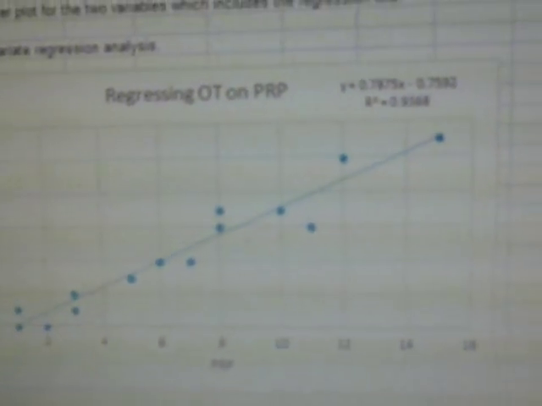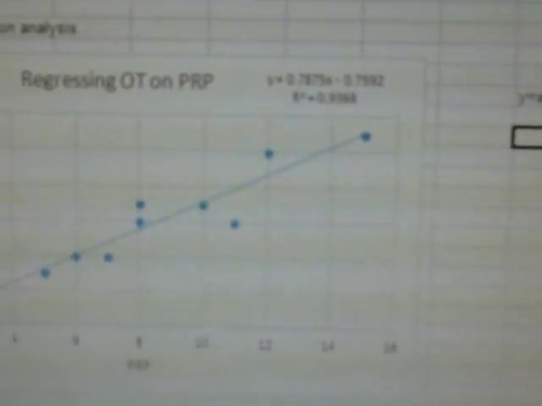We know the two variables overlap, and that's how they interact, and that's how a relationship is built between them. So we're just looking at the relationship between these two variables. And the r squared tells us that the relationship between overtime and PRP, taking all observations into account, has a 93% overlap, okay?